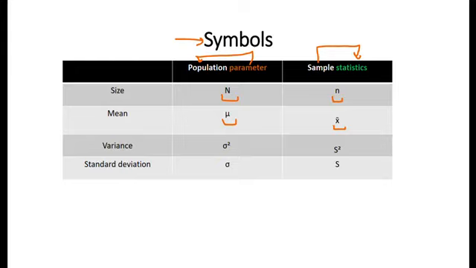For variance, we use sigma squared to represent the variance, whereas we use s squared to represent it for a sample. Finally, the standard deviation is simply the square root of the variance, which is sigma. And for the sample, it's the square root of s squared, so the standard deviation in this case will be s or capital S.